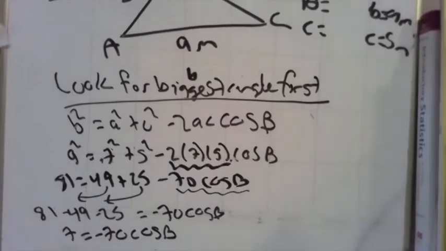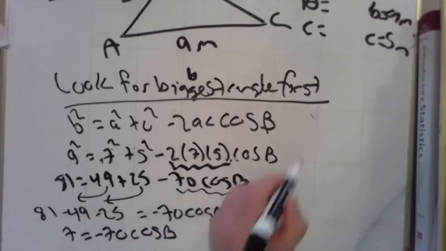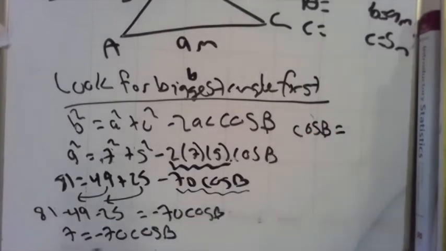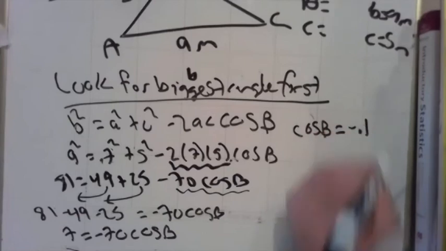Then, and only now, can I get rid of this stuff that was in front of the cosine, divide it over. Cosine of B will be, if I divide that, 7 divided by negative 70, that's negative 0.1.